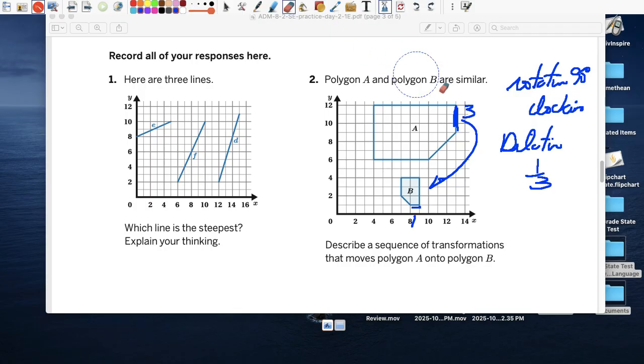So if you take this, let's start, sorry guys, dilation. 1, 2, 3. Right, so if you dilate everything by 1/3, this would have been your figure after dilation, right there. And then notice that we have to rotate.